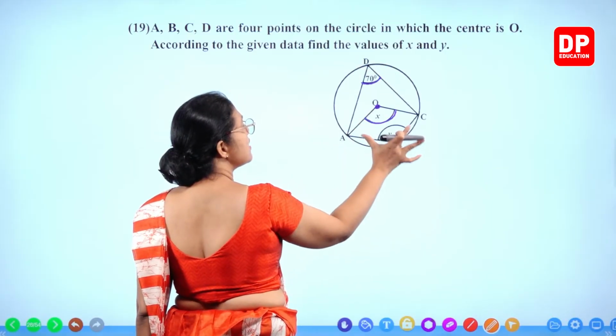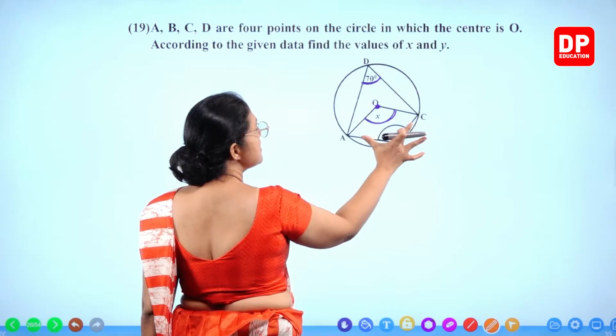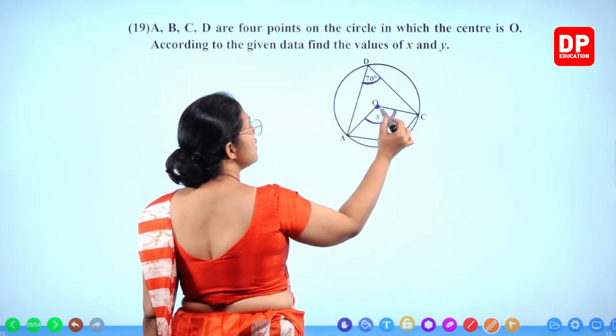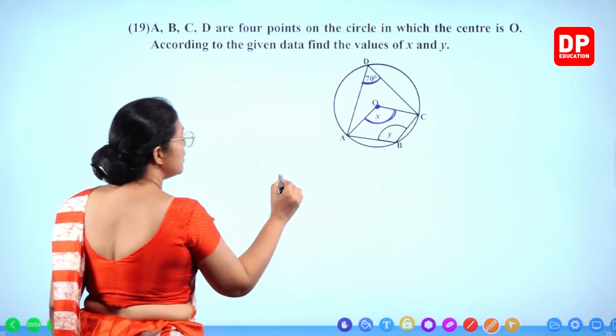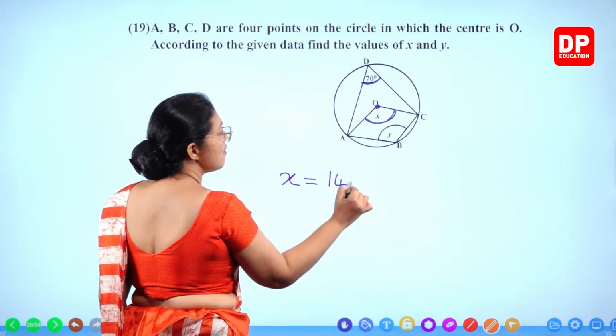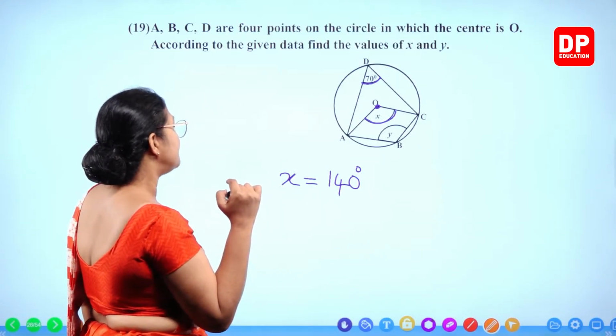So this is the angle subtended on the circumference, and this angle is the angle subtended at the center. So this should be double. So x is 70 times 2, that's 140 degrees.